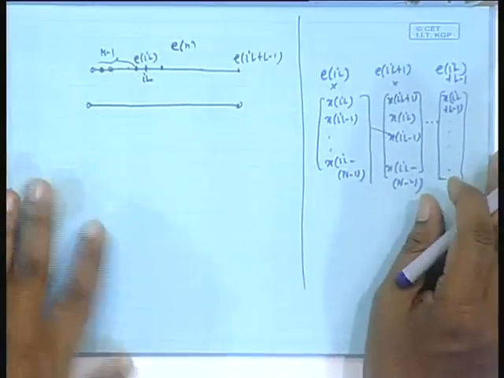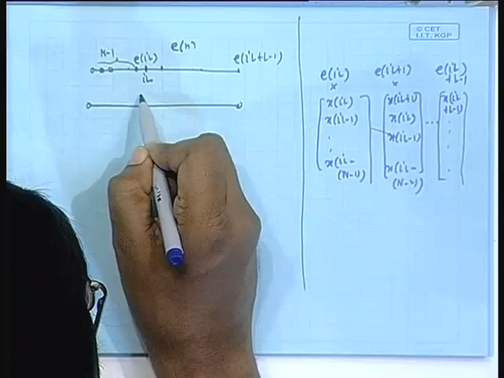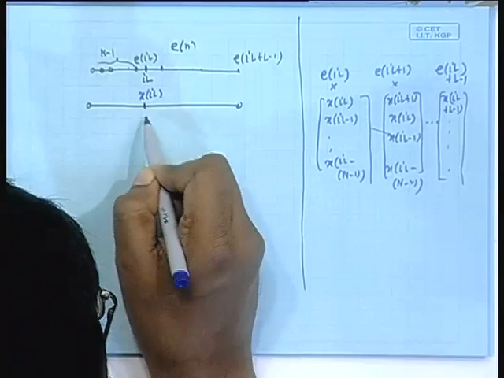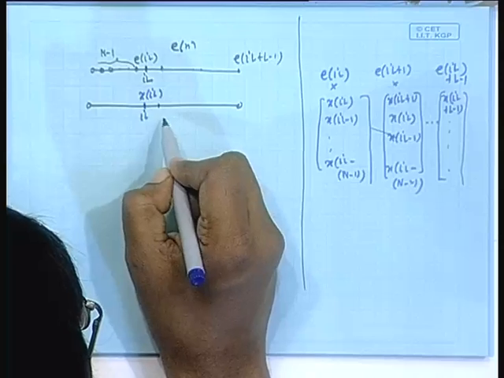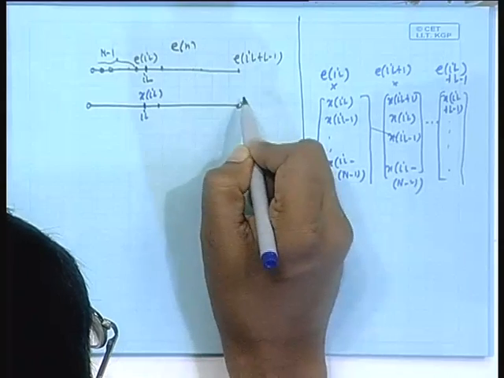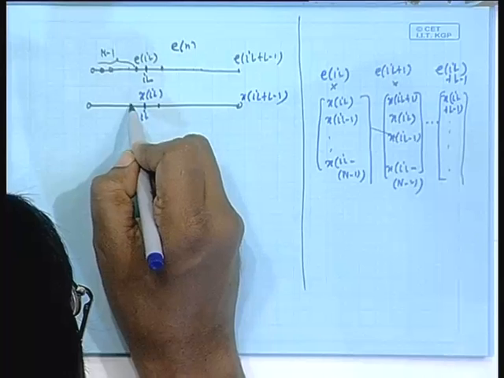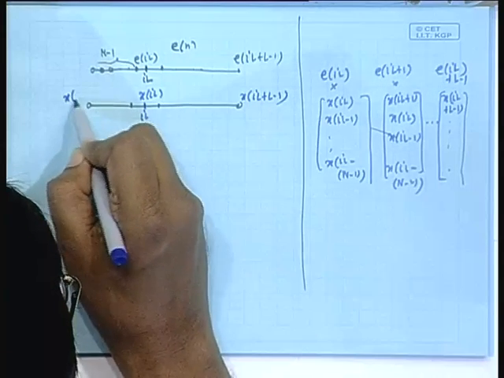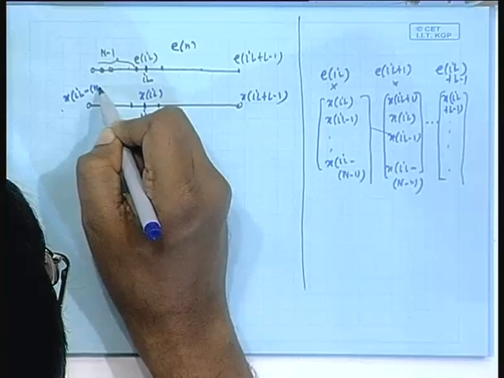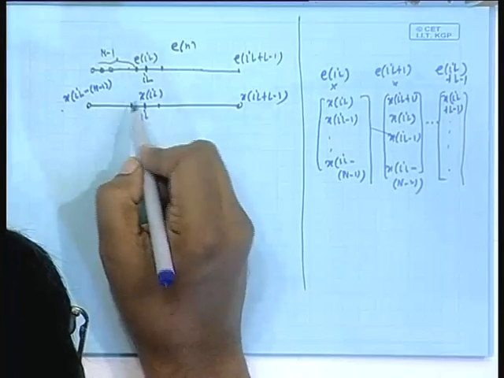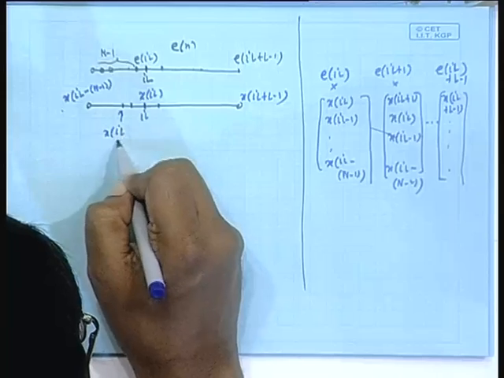So, if I graphically see E_iL here, suppose here again I have my X_iL, because this is the iLth point, then I have got those data x minus here, it is x_iL-1.